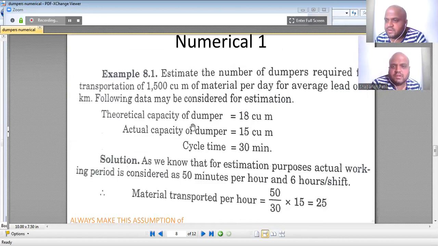The numericals I have taken from the textbook, Construction Equipment and Its Management by S.C. Sharma.